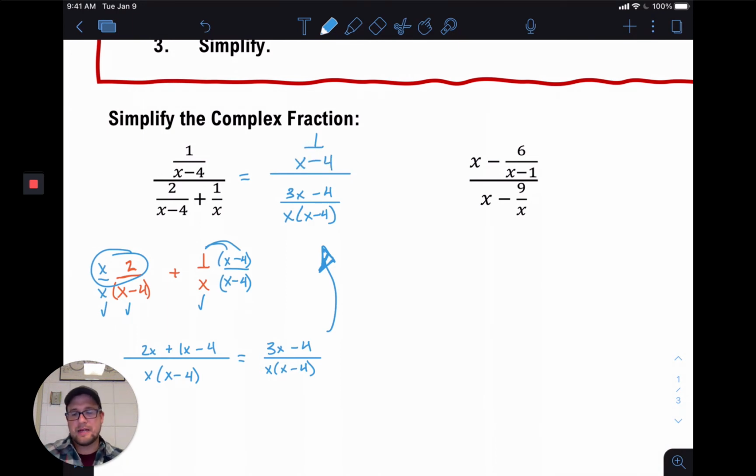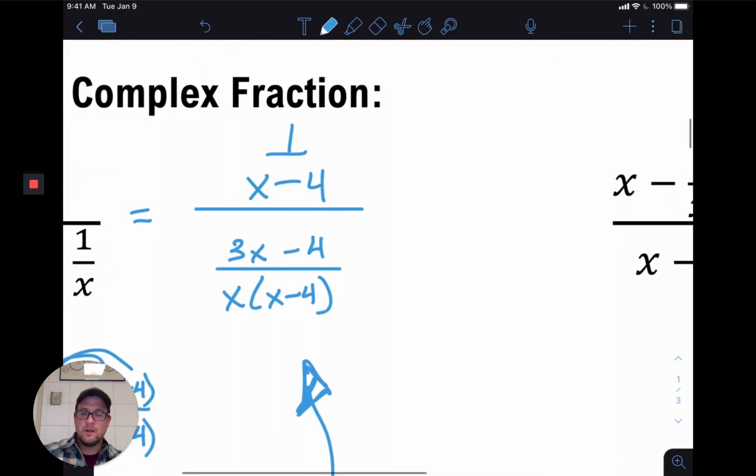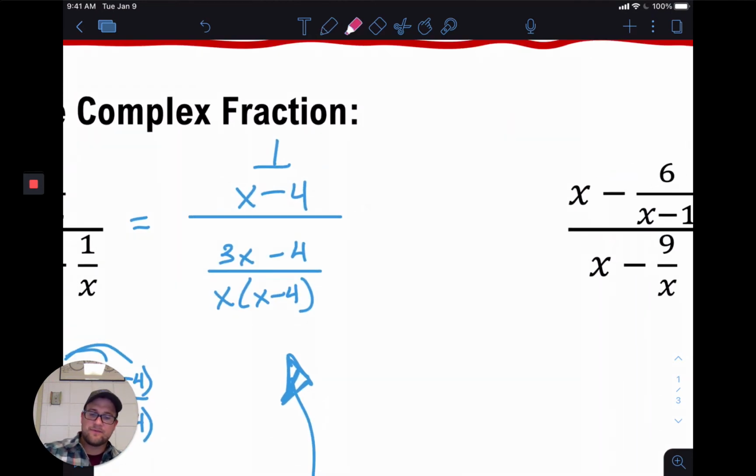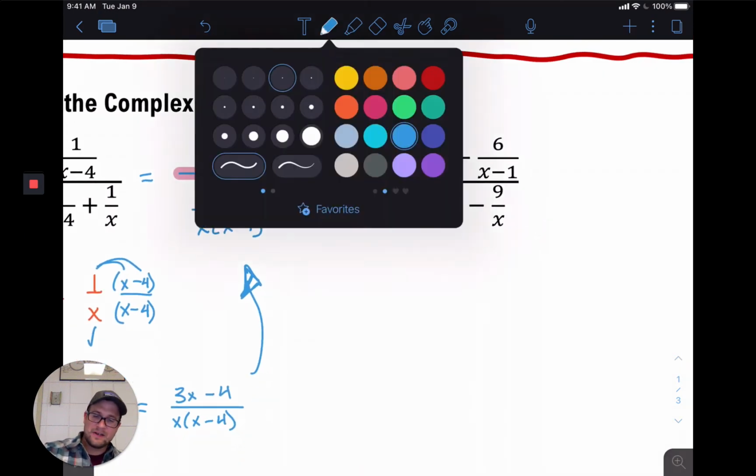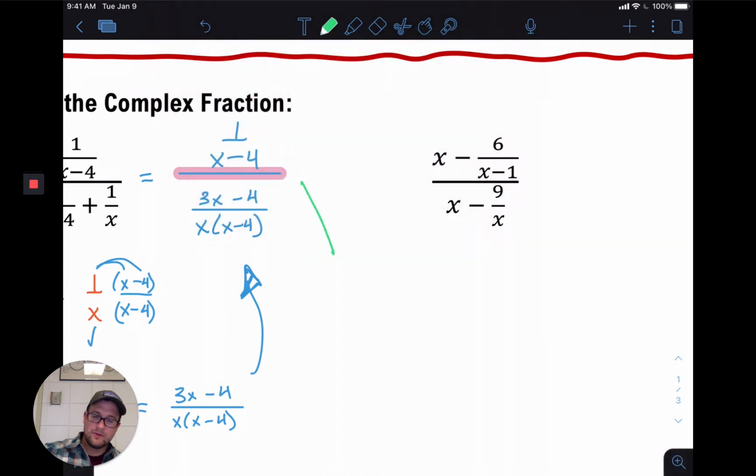Now, when I am looking at this problem, anytime I have a fraction over a fraction, we know that we take the top number and divide it by the bottom number. So another way that this can actually be rewritten for us would be if I came over here and I said, well, I have 1 over x minus 4 divided by 3x minus 4 over x times x minus 4.